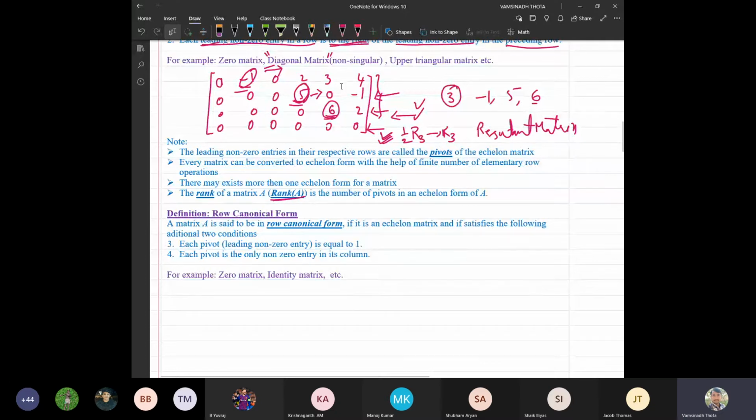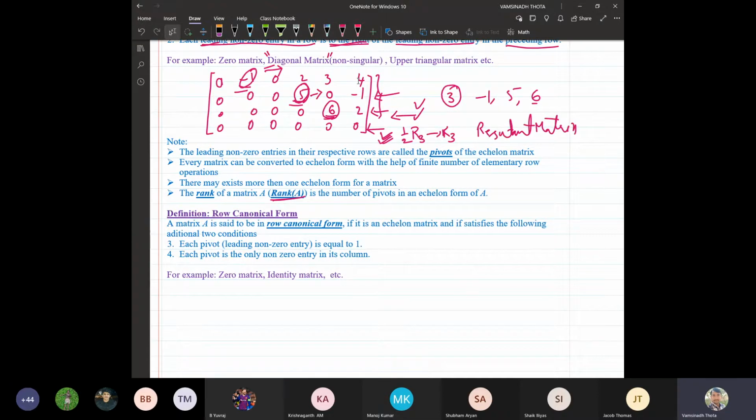After converting any matrix to an echelon form, you can identify the pivot elements, and you can divide that particular row by the same pivot element. The particular row can be replaced by multiplying it by 1 upon the pivot element.